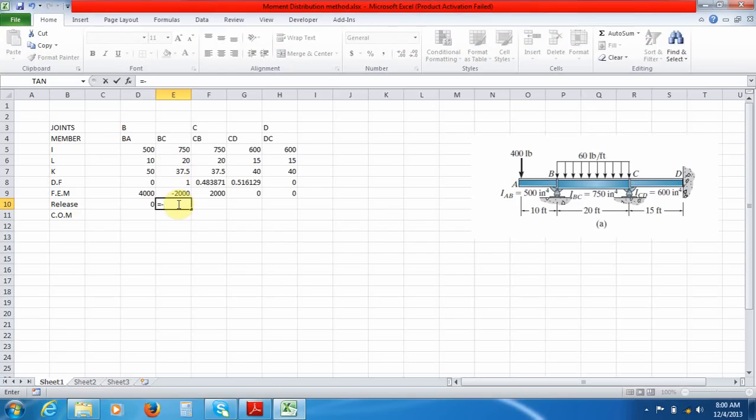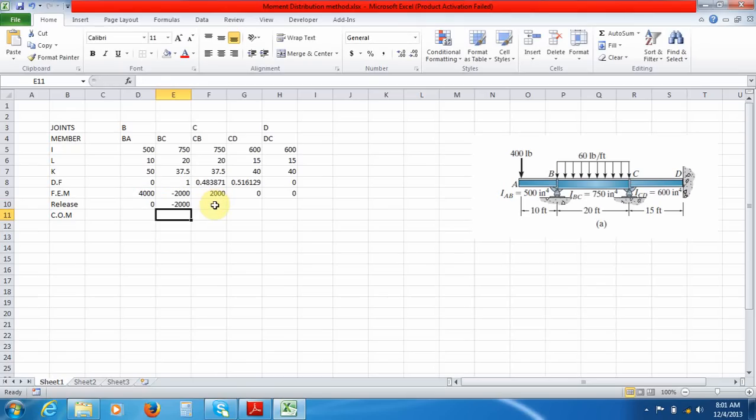So it is negative of the sum of these two into its distribution factor. In this sheet, always remember to fix the distribution factor by pressing F4. With F4, two dollar signs appear. This means that this place is fixed. This distribution factor is fixed.